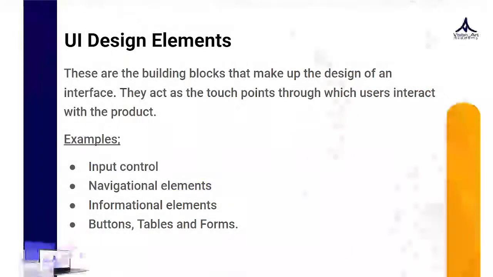So now, what is a design element? These are the building blocks that make up the design of an interface. What makes up the design of an interface is called design elements. They act as a touch point through which users interact with the product. Everything you are seeing, touching, and interacting with is called a design element.